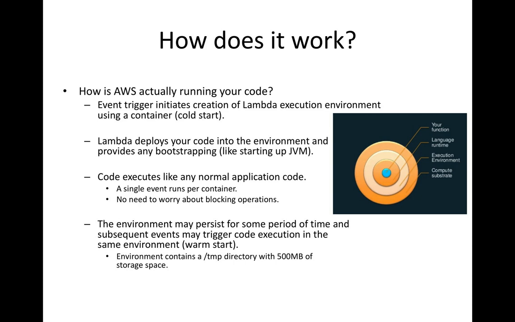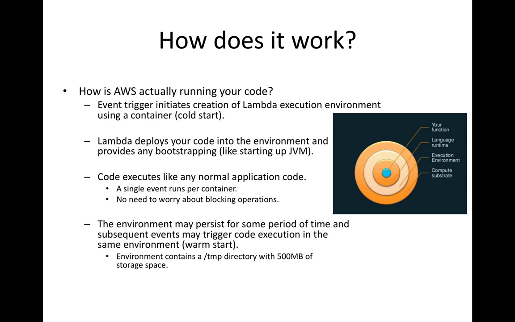Now, the Lambda function can only run for a certain amount of time. At least currently, at the time of this video, Lambda functions can't run for longer than 5 minutes. And after the Lambda function finishes its execution, the Lambda function terminates. The Lambda function goes away.